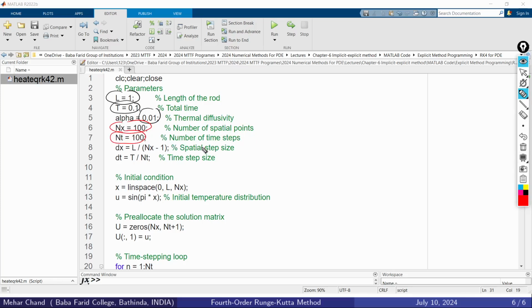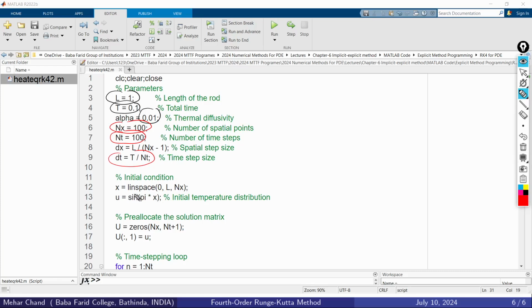We are choosing the number of time steps. dx will be L upon Nx minus 1, the spatial step size, and dt is equal to T upon Nt.